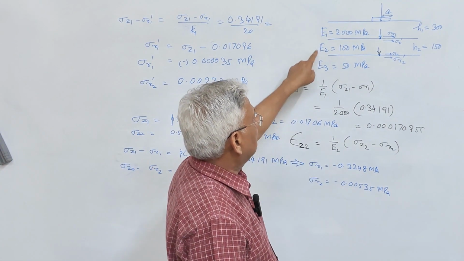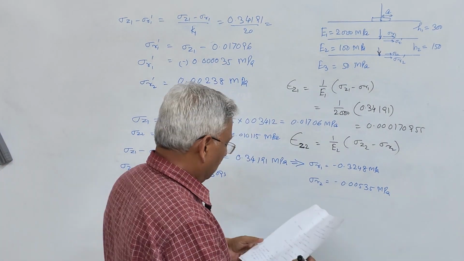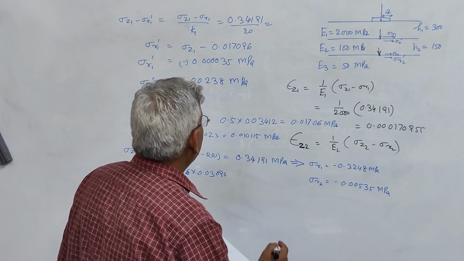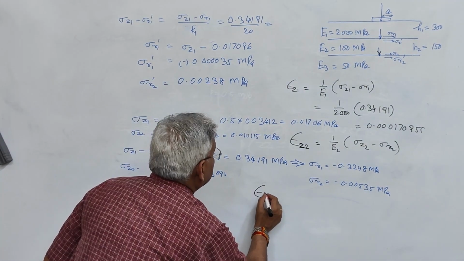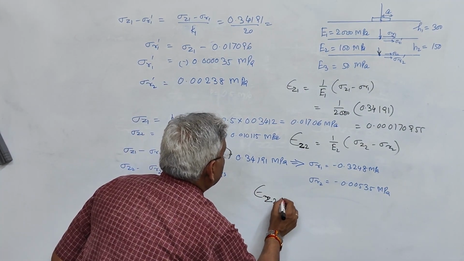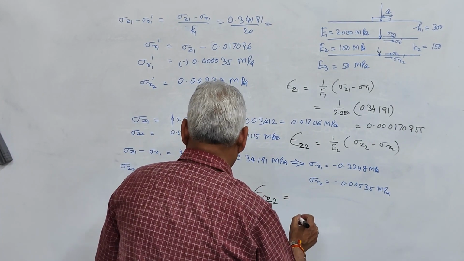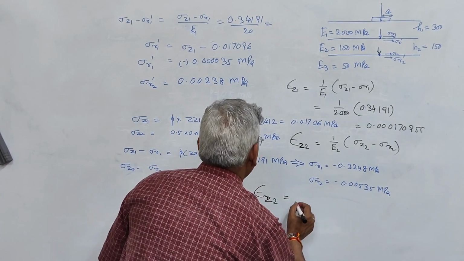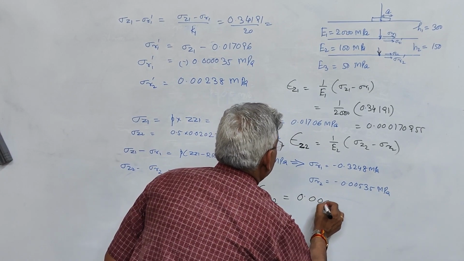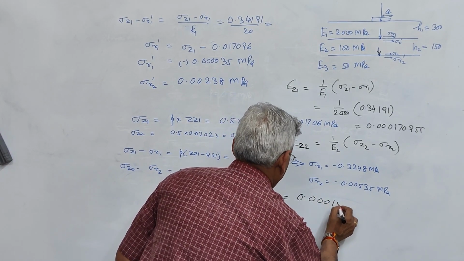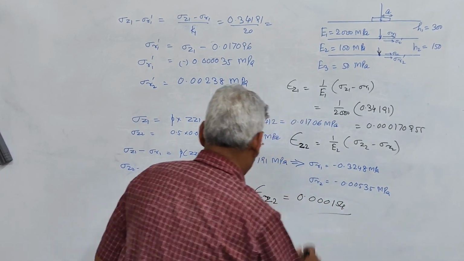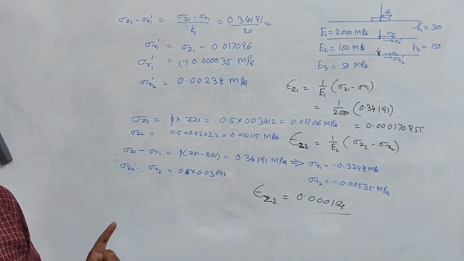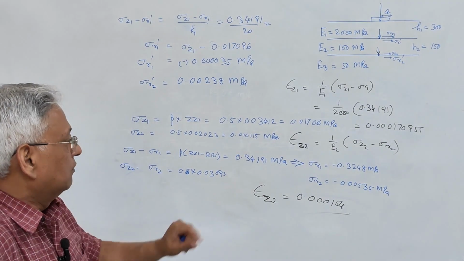E2 you know that is 100, and therefore this value also you can find out, and this epsilon Z2 will be equal to 0.000154, and it's also compressive strain. So you can say 154 micron.